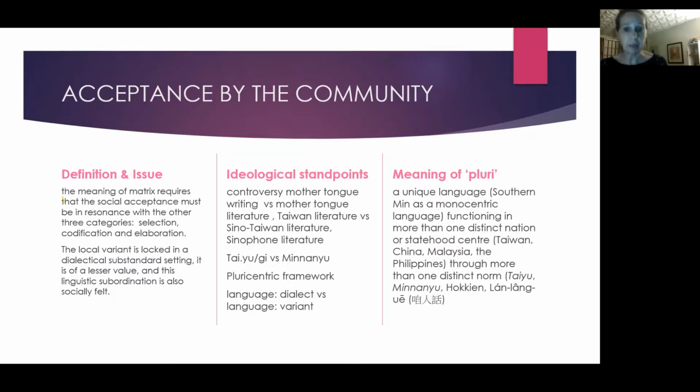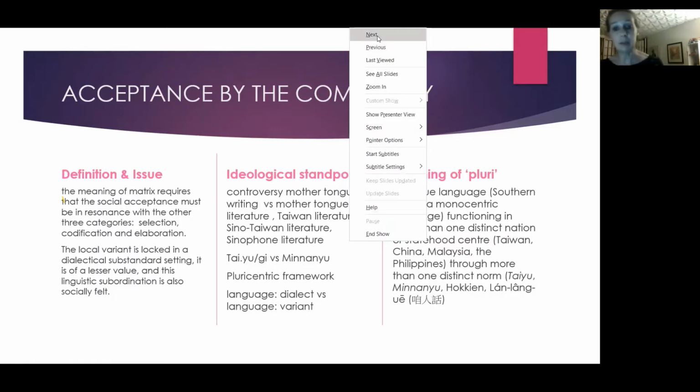Let's say we take Taiwanese, we take Southern Min as the monocentric language, which then functions at the same time in more than one distinct nation or statehood center. So there is Southern Min spoken in Taiwan, it's spoken in the mainland, in the southern provinces. It's also spoken in Malaysia and the Philippines.